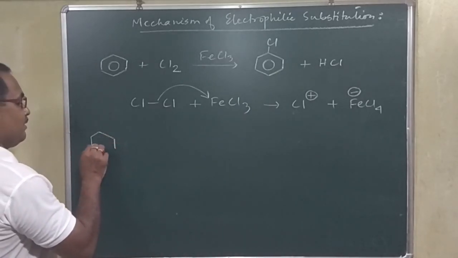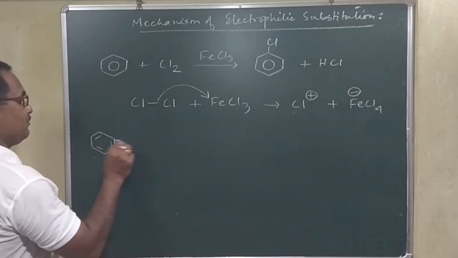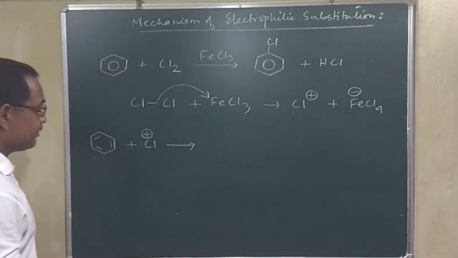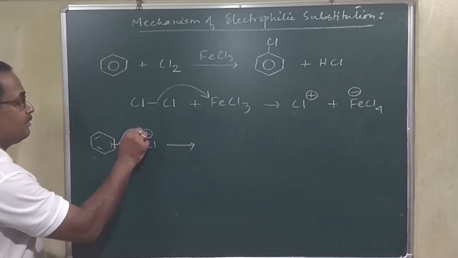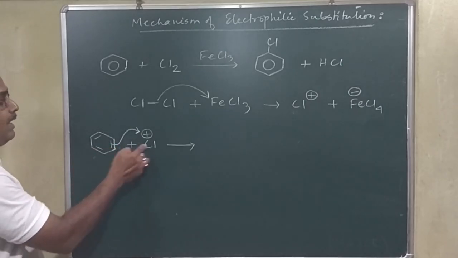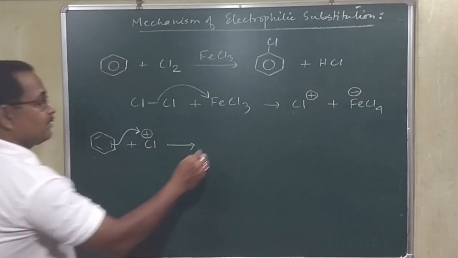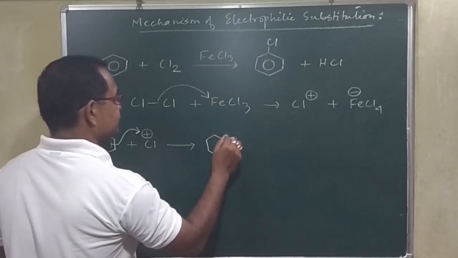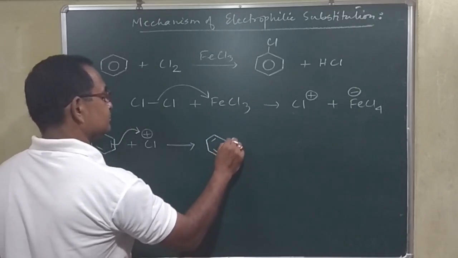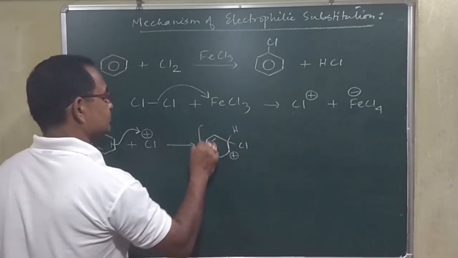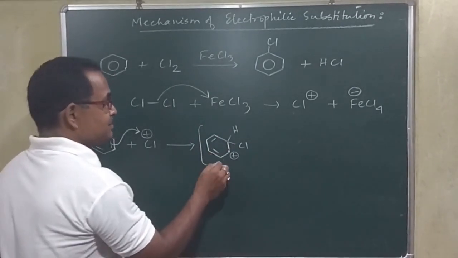Now that chloronium ion, the attacking electrophile, will attack the benzene ring. What will happen? See, the pi bond of benzene will attack the chloronium ion, thereby producing this.